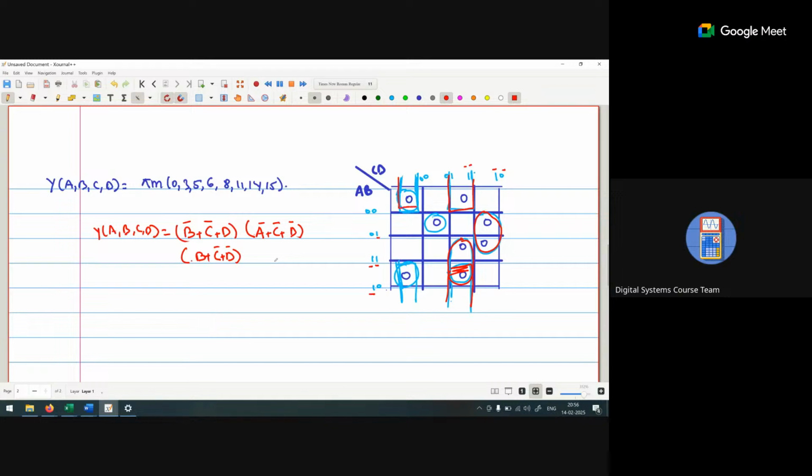Now this group and this group. Value of B is constant, C is constant, and D is constant. And all values are 0, so B bar, C bar, D bar. And finally, this single.